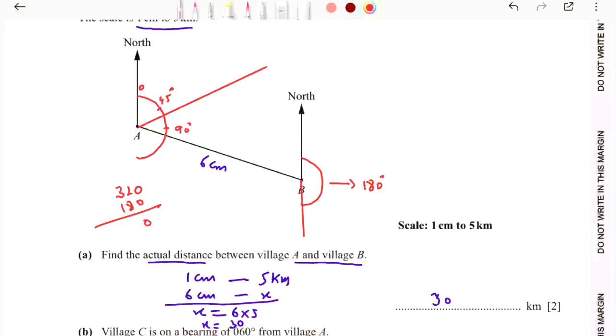So this becomes 0, we'll take 1 carry, this comes 40, so 140 degree. Now place your protractor here like this, and this is your 0 degree and this is your 90 degree. So angle 140 would be somewhere here. This is the position of C.